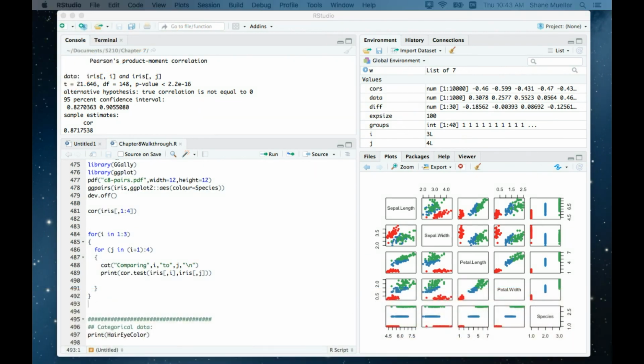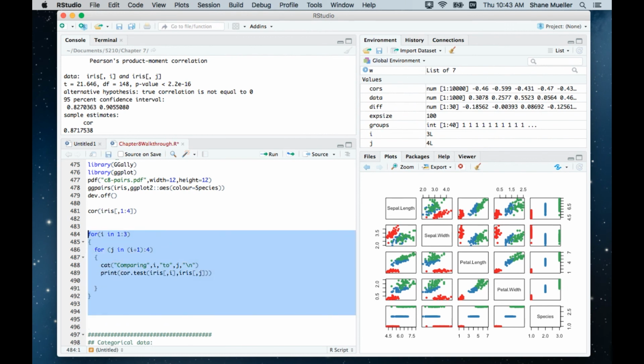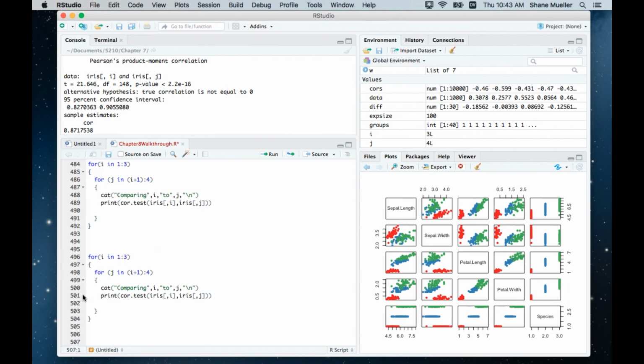The last thing is certainly we can do a Bayes factor test too. In fact, I think originally the Bayes factor library didn't even have a correlation test. But instead of doing this cor test, we could do the same thing, with the function called correlationBF.